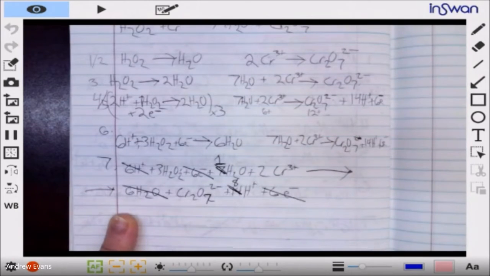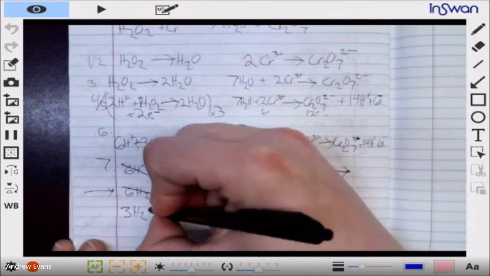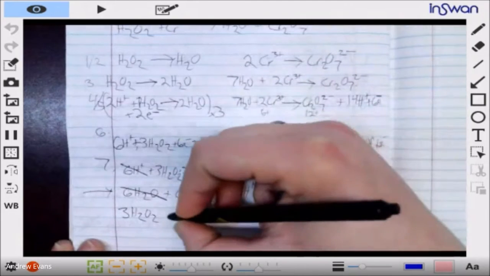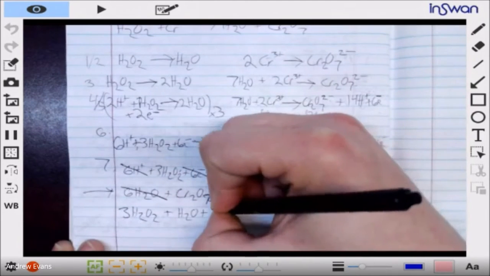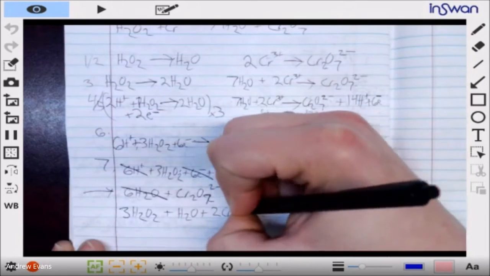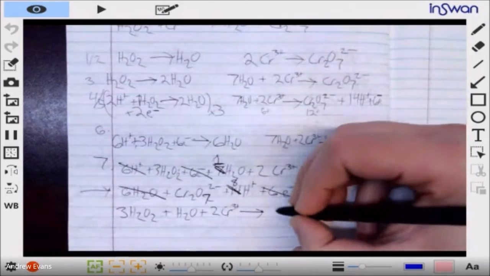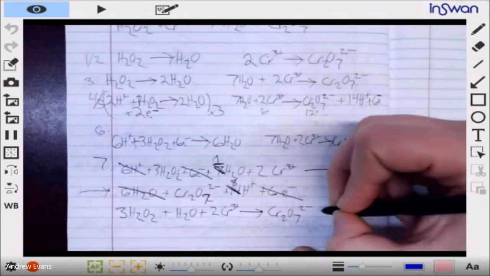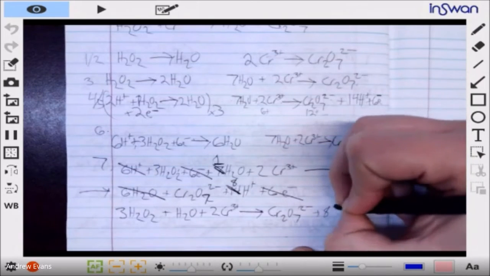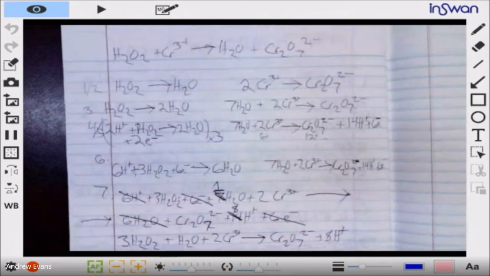Everything that can be canceled out has now been canceled out. So the new equation is 3 peroxide plus water plus 2 chromiums goes to dichromate and 8 hydrogens.